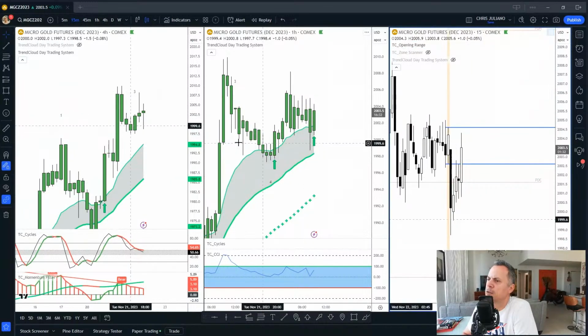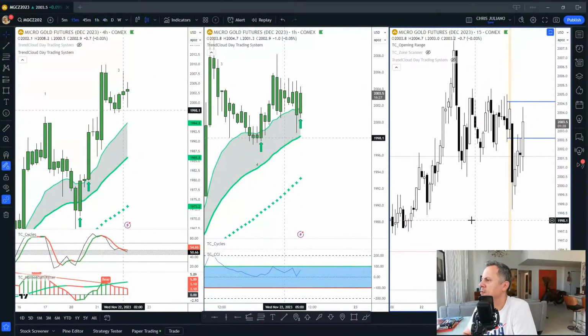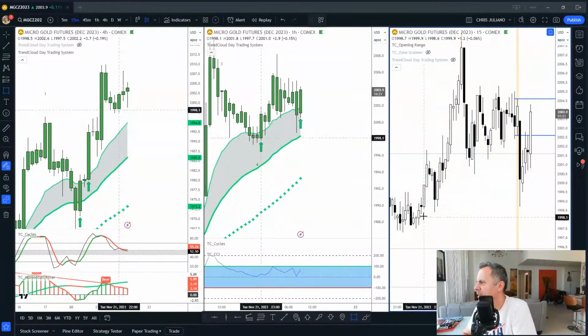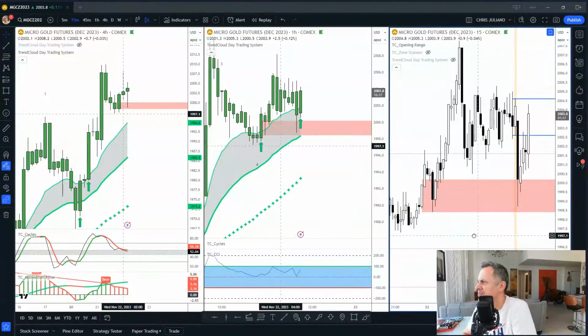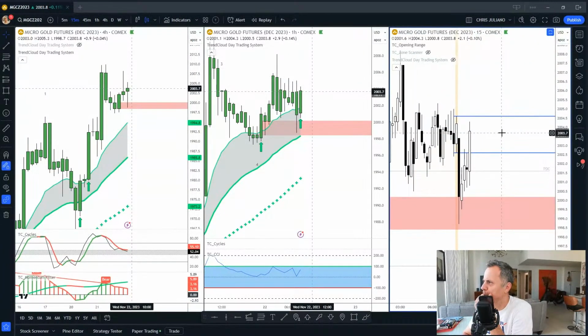Okay, so we're in an uptrend, but we broke out to the downside. So that means we're looking for bear traps, right? We're right there. Hit that bear trap, and now it's moving forward. Okay, so this is going to be a good trade, guys.